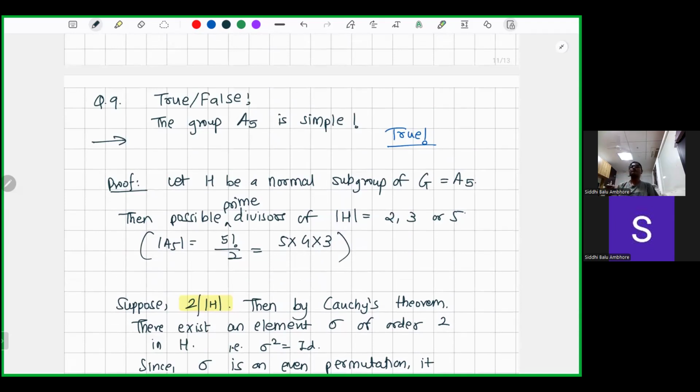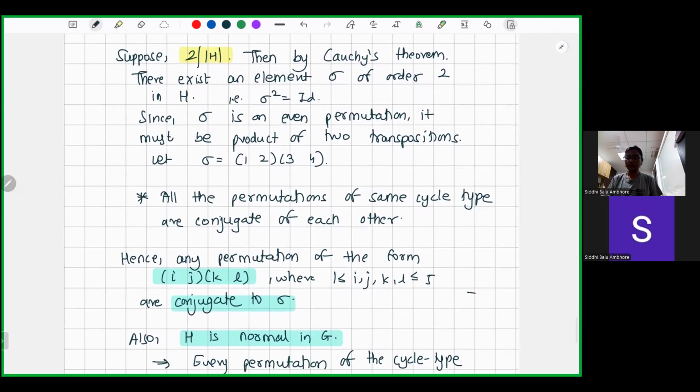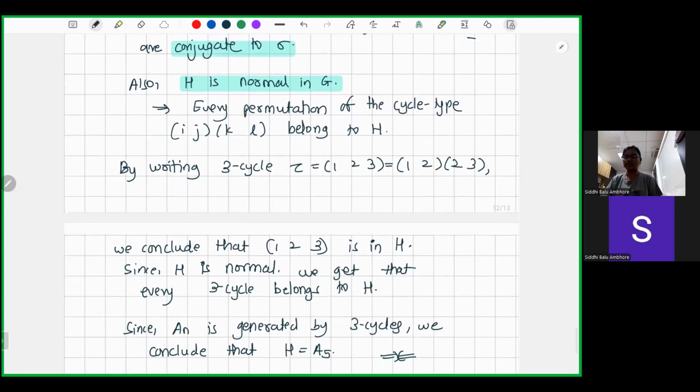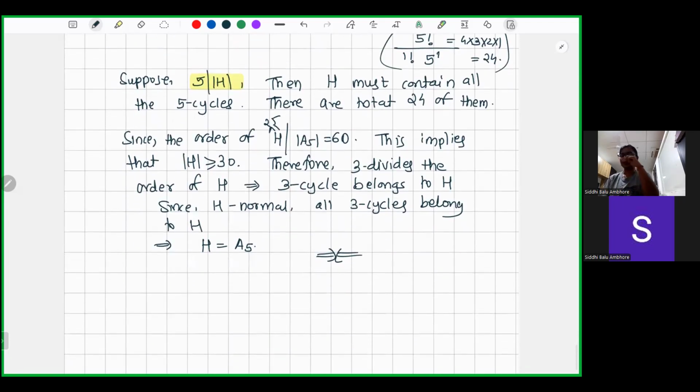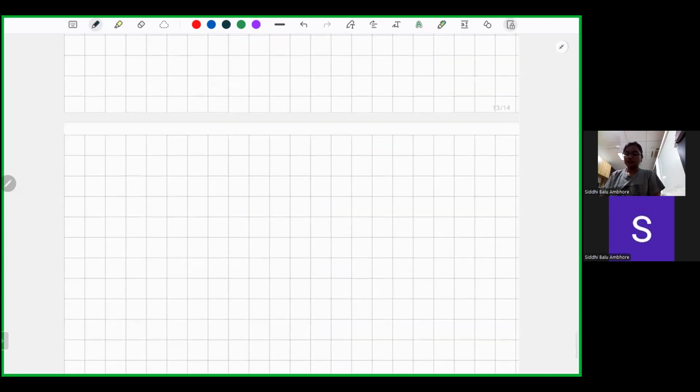So if there is any normal subgroup H, since it is a subgroup of A5, the possible prime divisors of its order are 2, 3, 5, and we got a contradiction for each prime: if 2 divides the order of H, we got a contradiction, 3 divides, contradiction, 5 divides, contradiction. So this was purely a proof by contradiction.